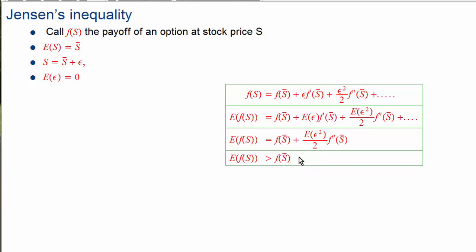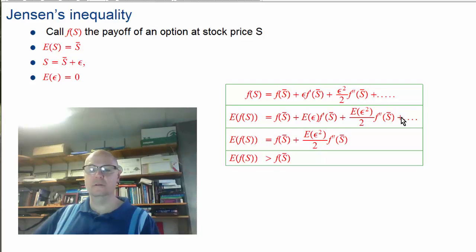You can verify that Jensen's inequality holds. And Jensen's inequality hinges on the fact that the convexity, the second derivative of the option, is a positive value.